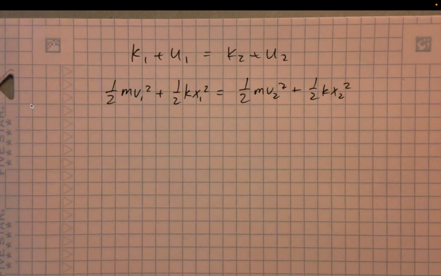Right, now something to notice here in these models is that we give no consideration to the mass of the spring. Now, if the spring's mass relative to the block is significant, then you won't be able to do this. These equations won't work, right?